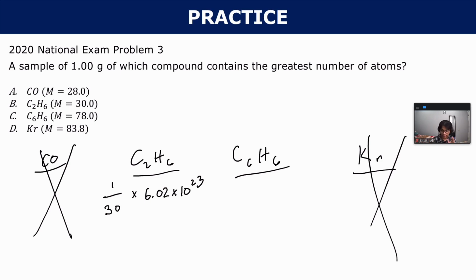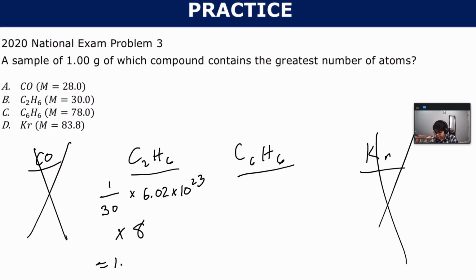So literally how many molecules of C2H6 we're going to have. And then if you multiply by 8, because there's 8 atoms in that molecule, we're going to get the number of atoms. So it's going to be about 1.61 times 10 to the 23rd. That's how many atoms are going to be in this.